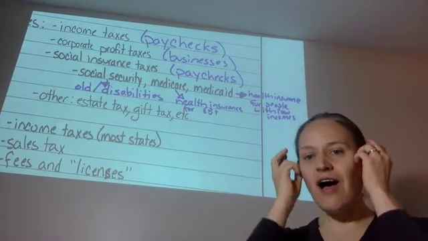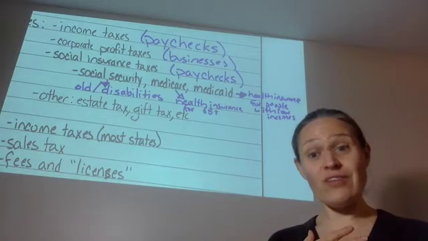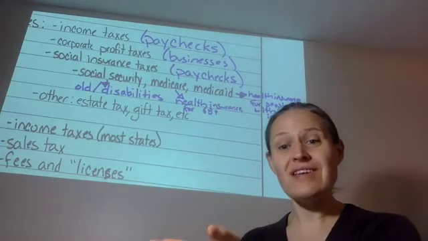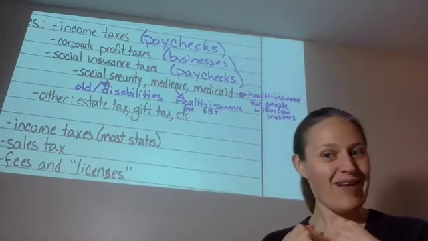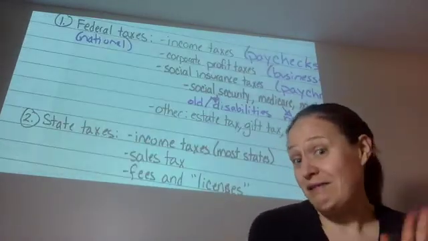Gift tax means that if I were to give a gift of over $10,000 to another person, I would have to pay taxes on that money. Yeah. Nobody said it made sense. It's just the way it is.